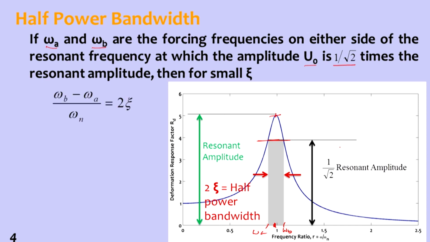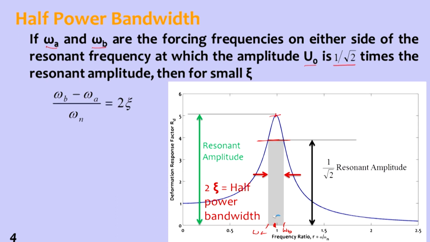Then the relationship will be omega B minus omega A divided by omega n is equal to 2 times zeta. So that means it is this region, you can look at it.